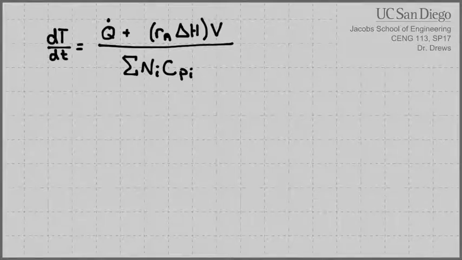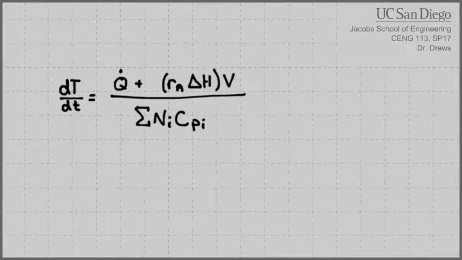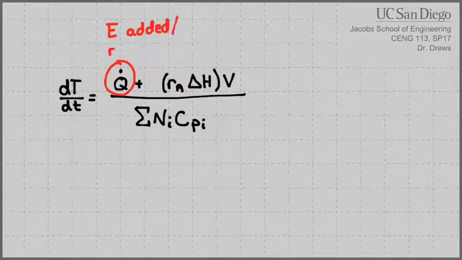Hopefully you left a little space on top, because I am going to shift this down a little bit. Each of these terms can be understood in what they're describing about how energy changes the temperature of the system, or the amount of energy you are putting into the system. The Q term is the amount of energy either added to or removed from the system. Depending on whether your reactor is hotter or cooler than the jacketed fluid that you put around your reactor, that Q term can either put energy into the system or remove it from the system.